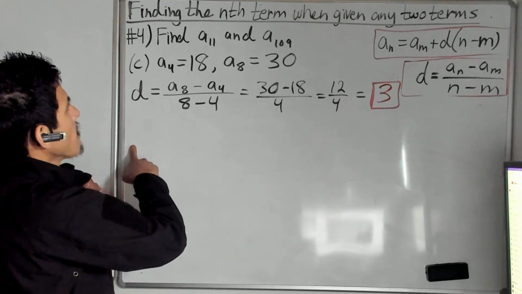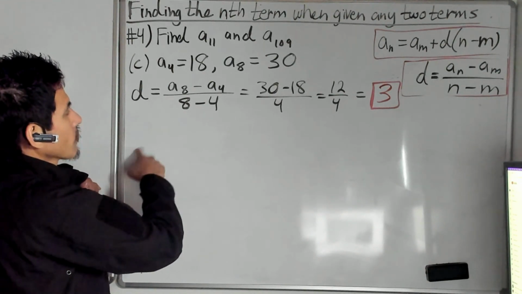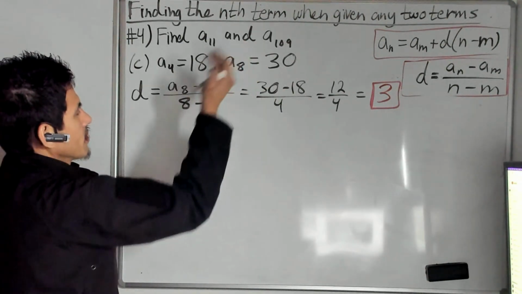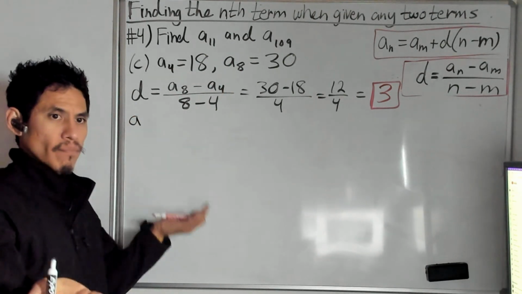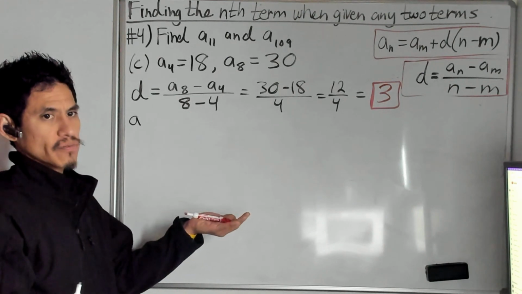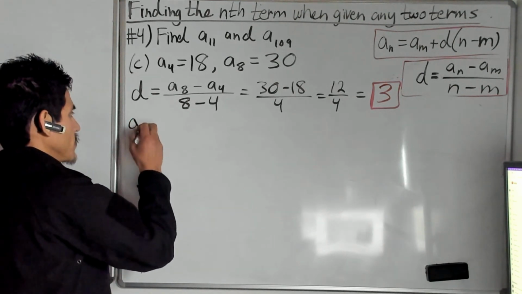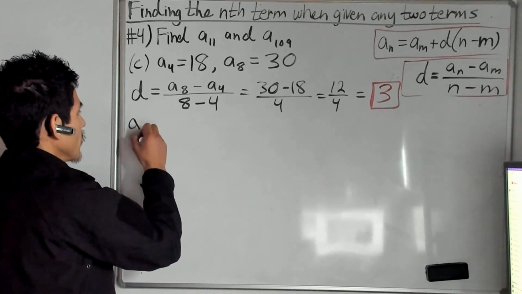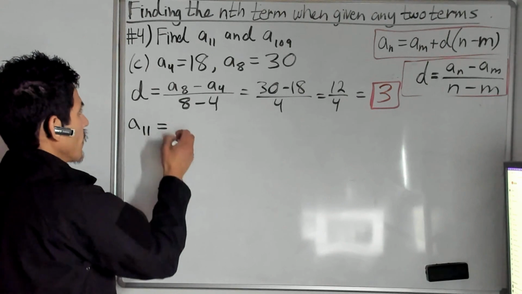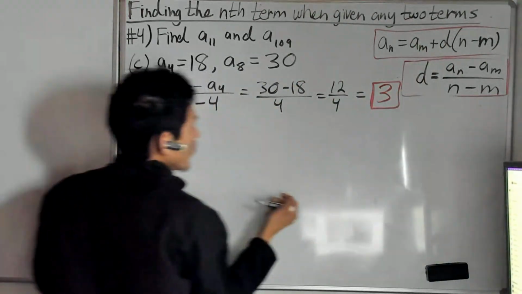Now, what do we got next? Oh yeah, the rest is simple. And again, try to always attempt these on your own first. So pause the video. Obviously, I'm not going to want to just pause because that wouldn't make any sense. So A11, referring back to good old AN formula.